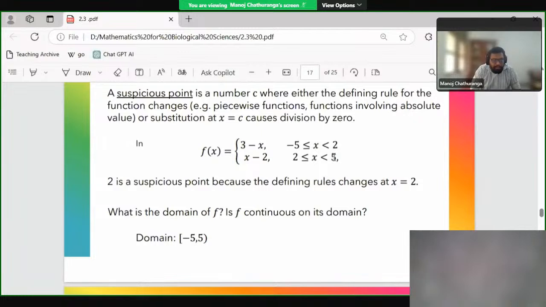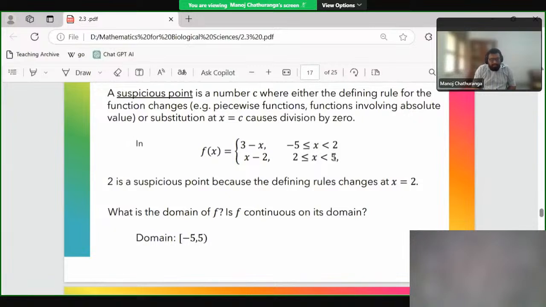So the first interval includes everything from -5 up to but not 2. Then the second part includes 2 and everything above 2 up to 5, but not 5. When you combine those two, the domain of this function is from -5 to 5, including -5 but excluding 5.